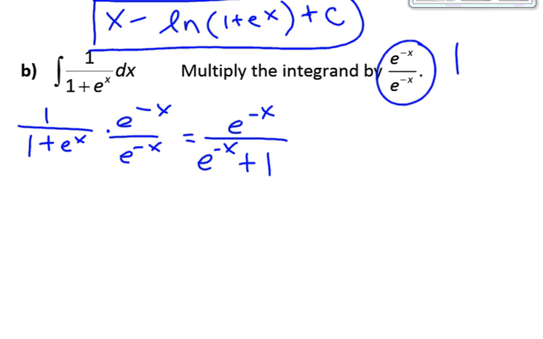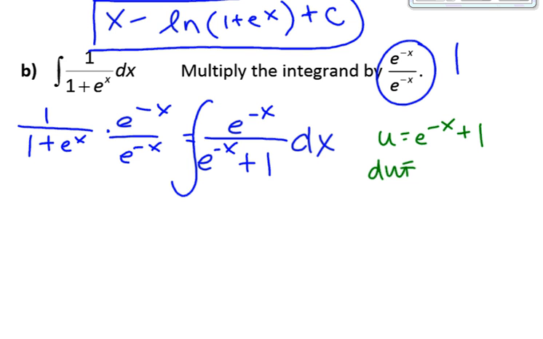All right, so we're going to take the integral of this piece then, and now it's pretty easy to see what we're going to do. We're going to make u be e to the negative x plus 1, so du is equal to negative e to the negative x dx. All right, so then when we substitute, we have a negative out front because of this guy.